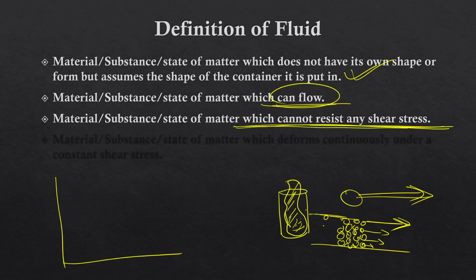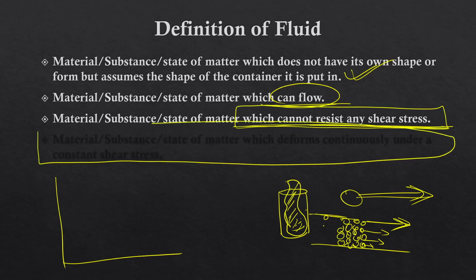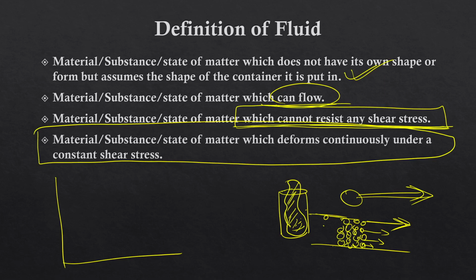So therefore, instead of writing the definition like this, we can converge on this definition, which is material, substance or state of matter which deforms continuously under a constant shear stress. Doesn't matter if it starts here or here, if there is a constant shear stress which moves it, then there is a constant rate of deformation. That means it will keep deforming at this particular rate.